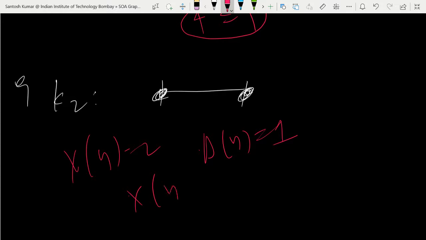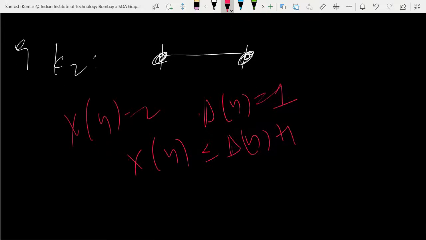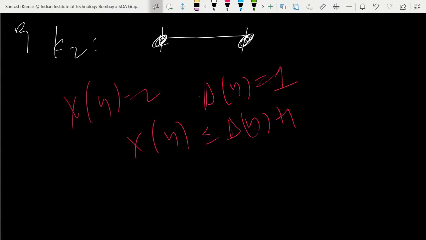So again, less than or equal to delta G plus 1. 2 is less than or equal to 1 plus 1, 2 is less than or equal to 2. So equality here.